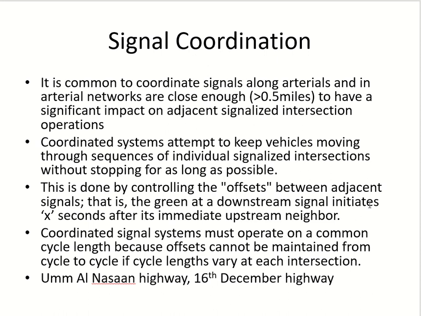When the signals are very close to each other, all vehicles will approximately reach the next signal at the same time. But if the spacing between the signals is too large, the vehicles will move according to the drivers. Some will keep changing lanes, some will go very fast, some very slow. So they will arrive randomly, and we cannot do coordination. So the signals should be close to each other, on a major highway crossed by a series of minor streets.